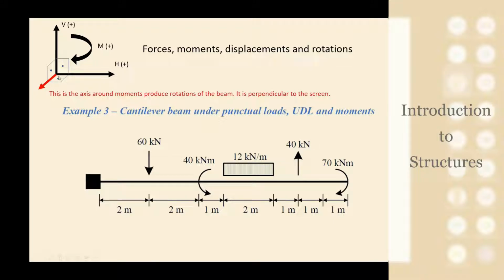And these forces will produce horizontal displacements that will be positive when they go to the right. Displacement will be negative in the horizontal direction when they go to the left. And in the same way, displacement that goes up, because forces that go up will be positive, and displacement that goes down in the vertical direction will be negative.